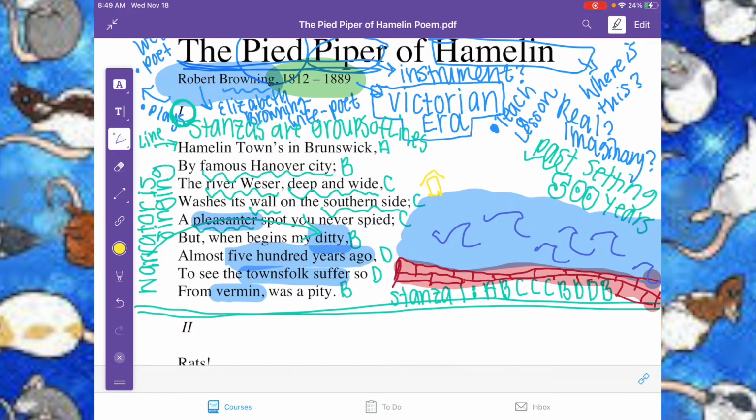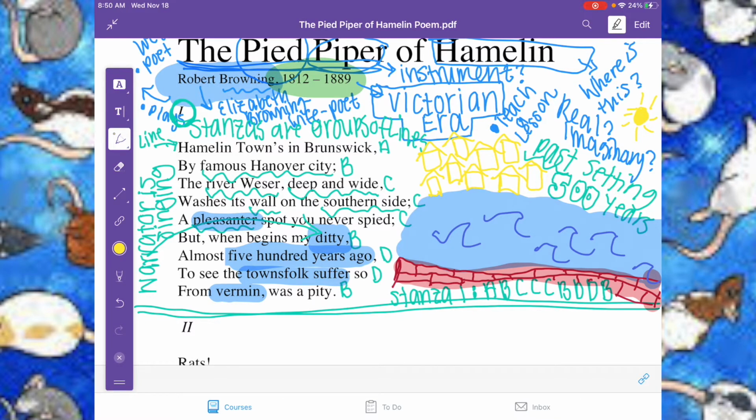Now remember, this is a city in the 1800s, and really it's 500 years before the 1800s. So the city is not going to look like a modern day city. Okay, so we have our city. It's a pleasant spot. You've never seen a more pleasant place before.